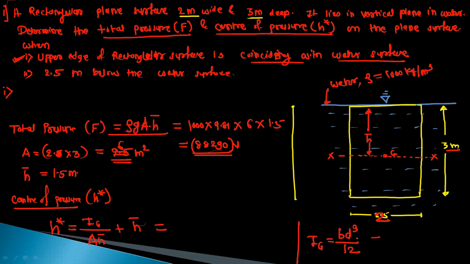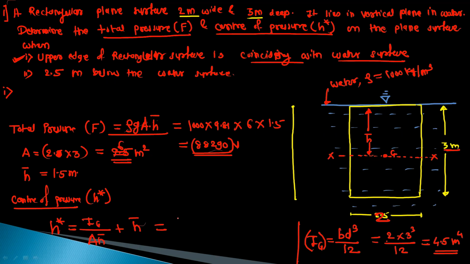Okay. So b is 2 meter, this distance. d is the depth, which is 3 meter. So this value will be 4.5 meter raised to 4. Okay, don't write kg meter square here. Kg meter square is the mass moment of inertia, and here we calculate the area moment of inertia.